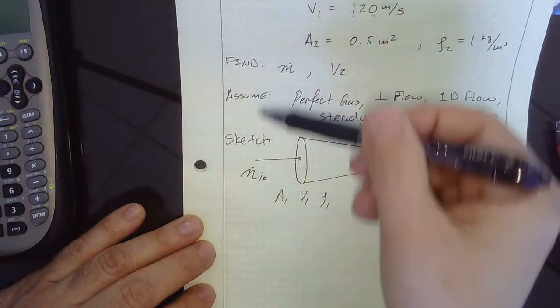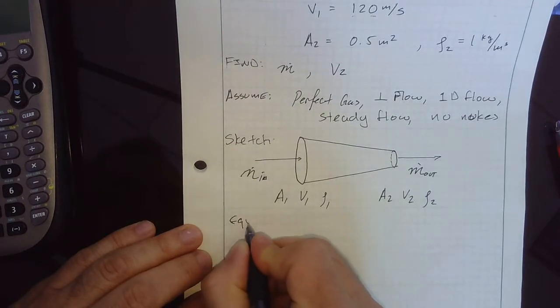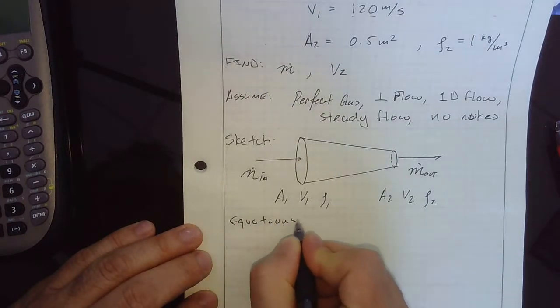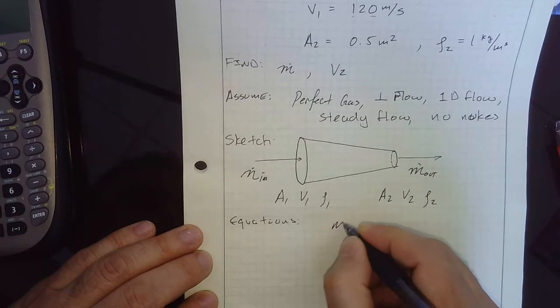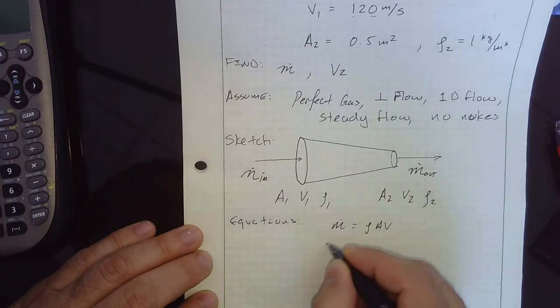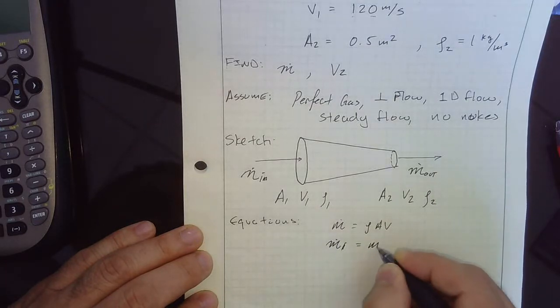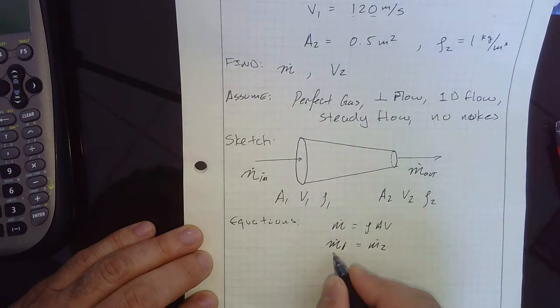What's next? Given, find, assume, sketch, E, equations. What equation am I using? Well, I have m dot, which is rho AV, which is mass flow rate. I also have m dot 1 equals m dot 2. Mass going in has to be mass going out, mass flow rate.